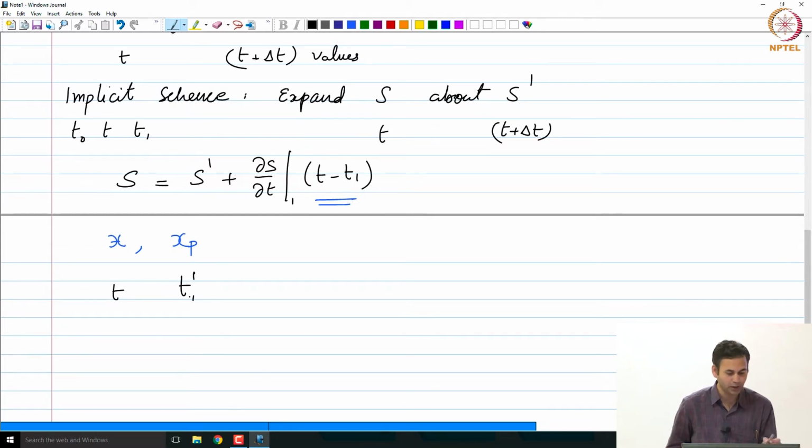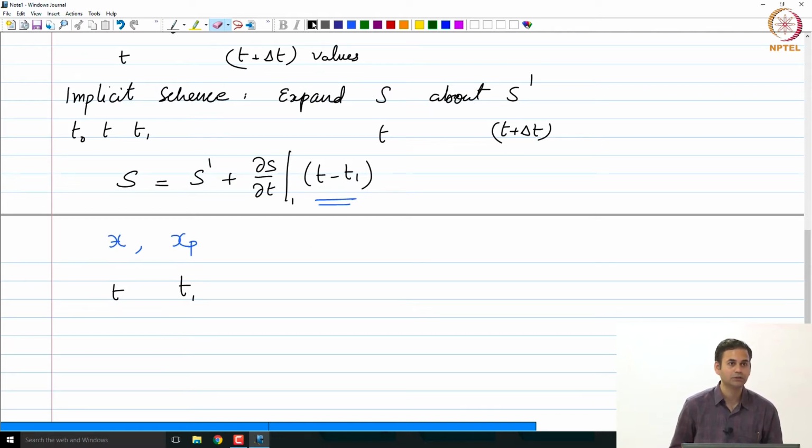Basically, that corresponds to the next time step, t plus delta t. Essentially, it is partial s partial t evaluated at 1. That is not dou s1 by dou t. Everything is evaluated at time level 1, so that carries a timestamp of 1.